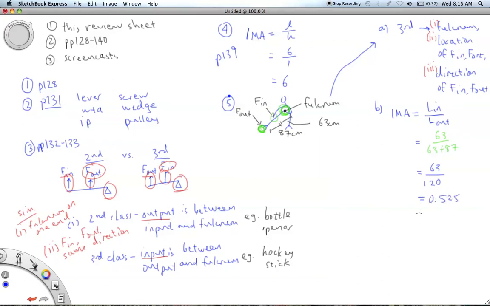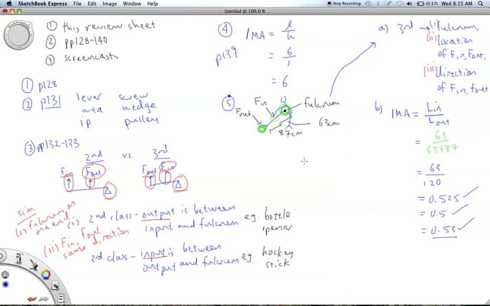Now, a few of you ran into issues about rounding, so you could put this as 0.5. That would be good. The long one's also good. You could also put 0.53. That'd also be good because you're rounding up the 2, because that is a 5. And again, there are no units.